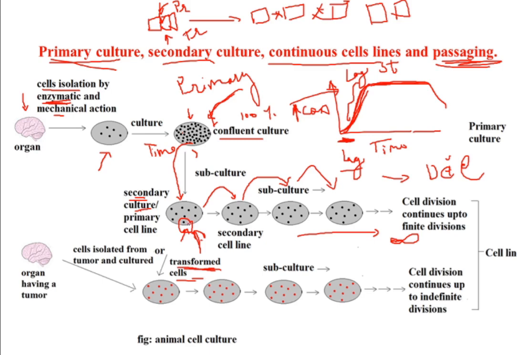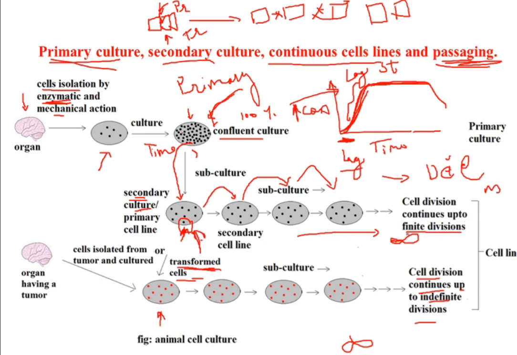Now it is a cancerous cell, but it is outside the body, so you transform these cells into cancerous cells and culture them in the media. You can see the cell division continue up to indefinite division. As far as primary culture and secondary culture are concerned, you cannot grow them indefinitely. They have a finite lifespan, finite division, because the cell is mortal.